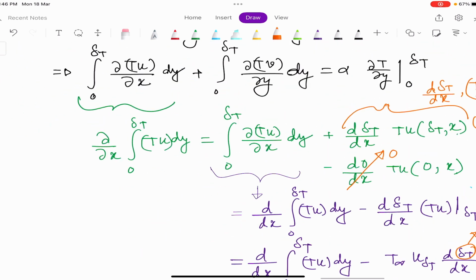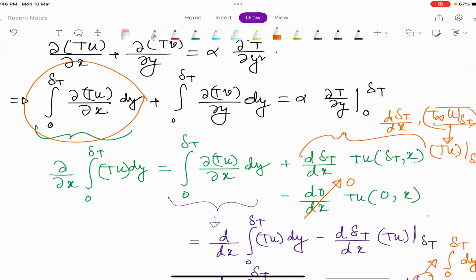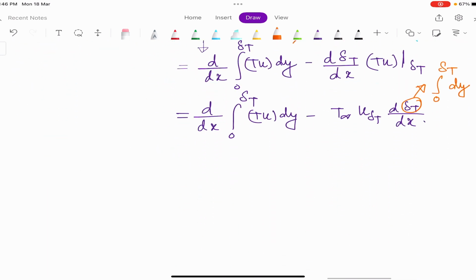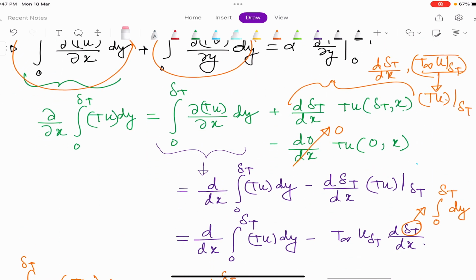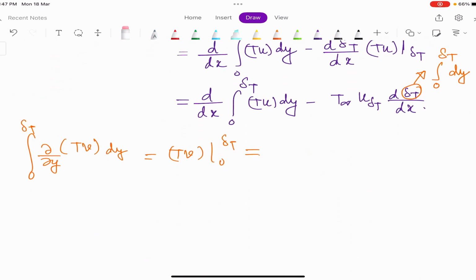We have calculated this term, and this term will be: ∂/∂y of the integral of T v dy from 0 to delta t is equal to T times v from 0 to delta t. At 0, v is 0 because of no penetration; at delta t it will be T infinity times v at delta t. This also we cannot say is 0.